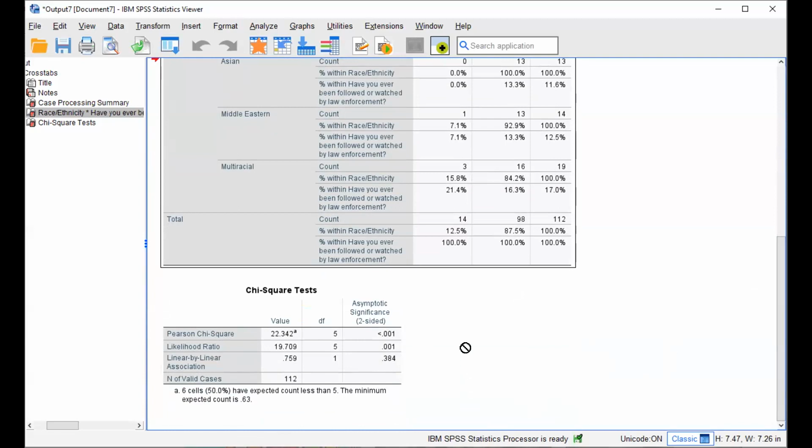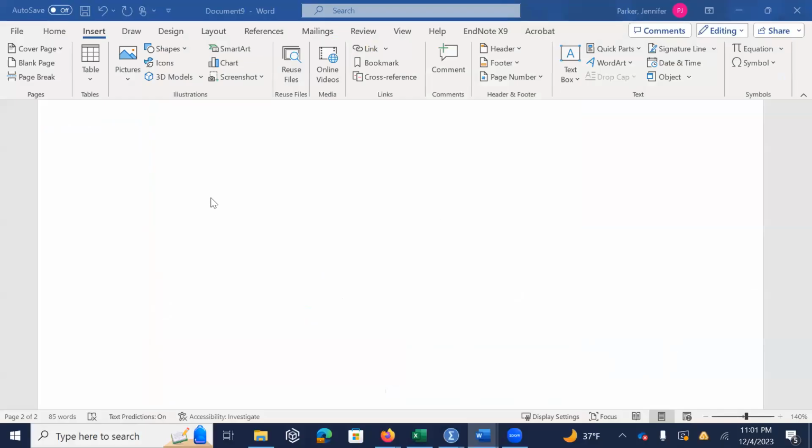Next, what I'm going to do is show you how to write up the results. So I'm starting out with a fresh, blank Word document, and I am going to repeat the question. Is there a relationship between exposure to police and social group?